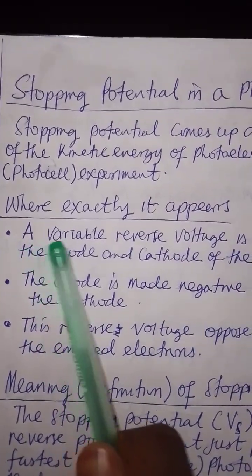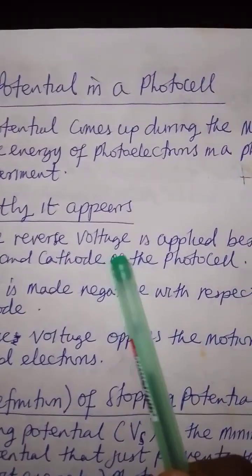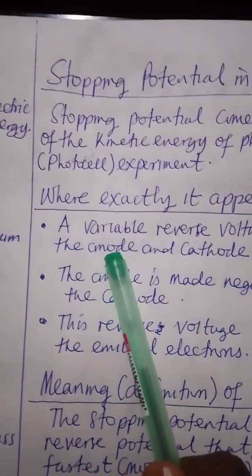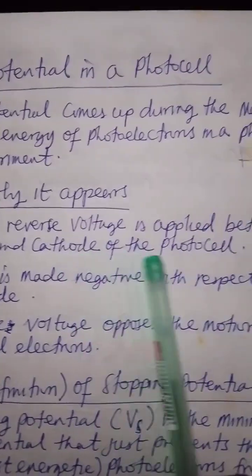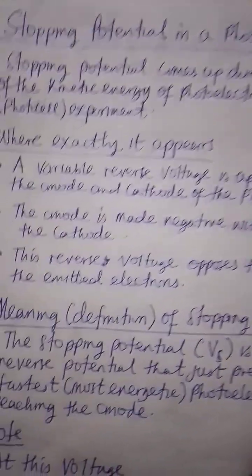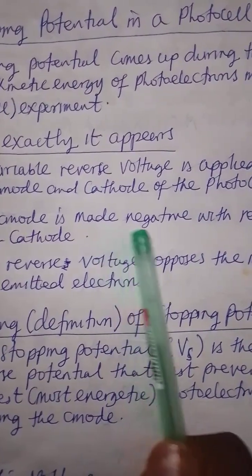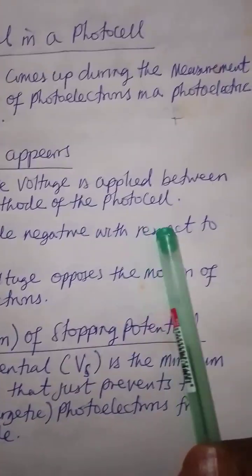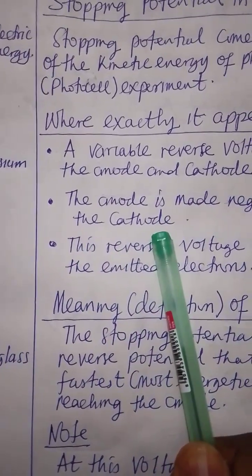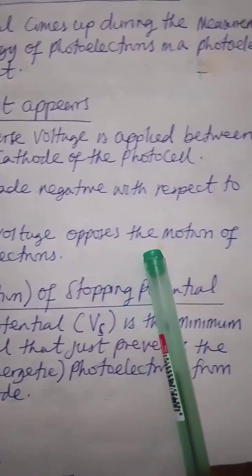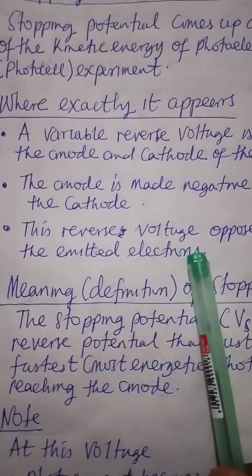A variable reverse voltage is applied between the anode and the cathode of the photocell. The anode is made negative with respect to the cathode. This reverse voltage opposes the motion of the emitted electrons.